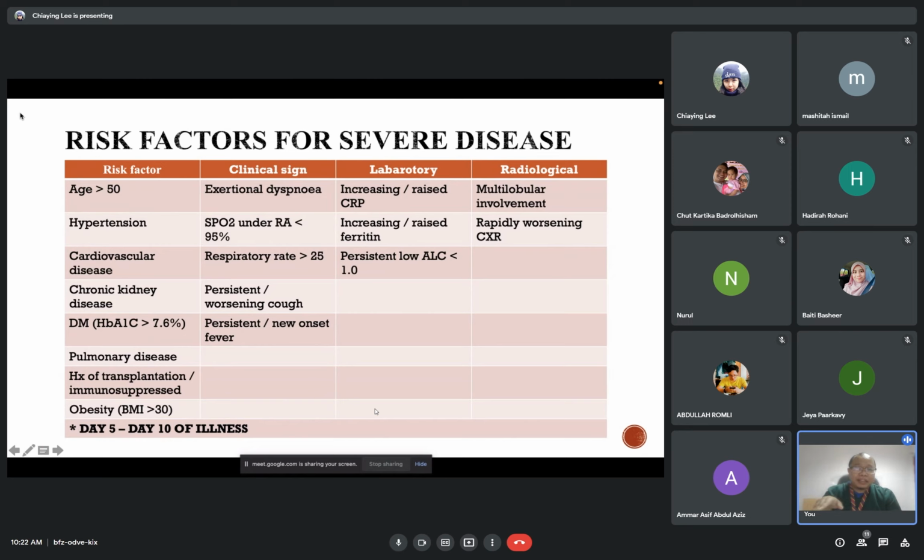Sometimes they got better, worse, then got better, then there's a potential peak where they got worse again after they were discharged or after they got better. So these are the things that help you to predict. Carry on.